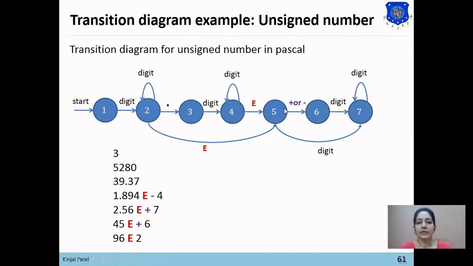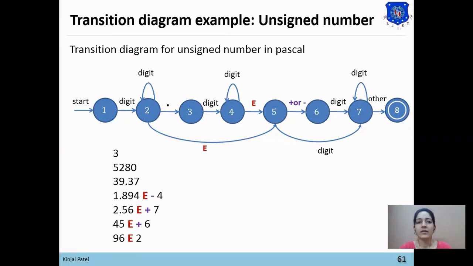So we are just keeping plus or minus optional and directly transferring the digit from 5 to 7. So now all the numbers which can be unsigned have been included. Now other represents the null, and final state 8 represents the unsigned number. In an unsigned number, integer, fractional and exponential numbers are included.